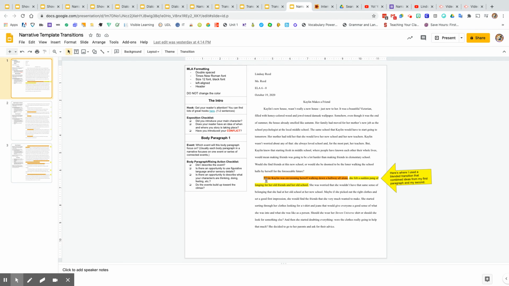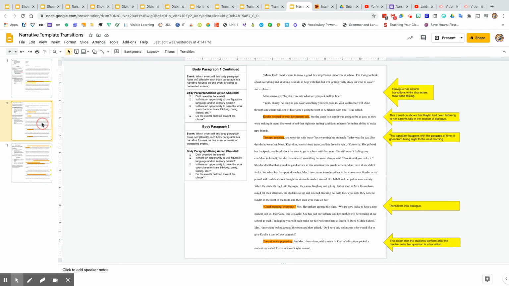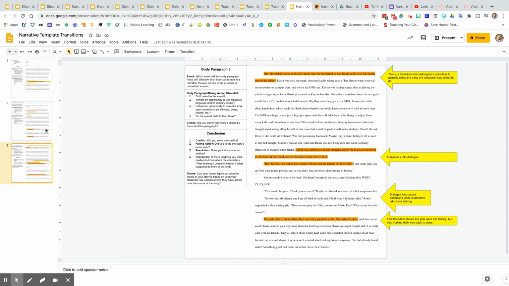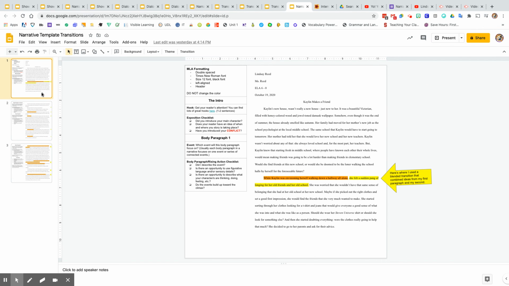because I liked this transition sentence better. I went ahead and I highlighted all of the transitions in my essay or my narrative for you, as well as an explanation for each one. So you can go through and look at my transitions to get more ideas about transitions for your narrative.